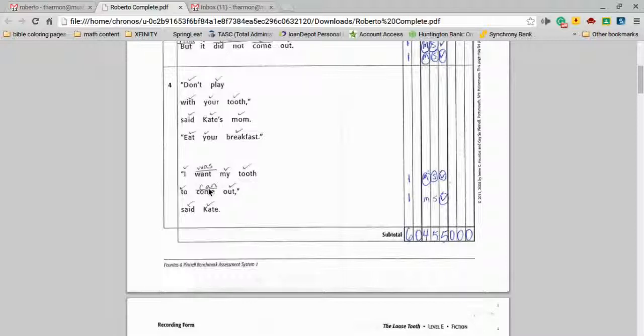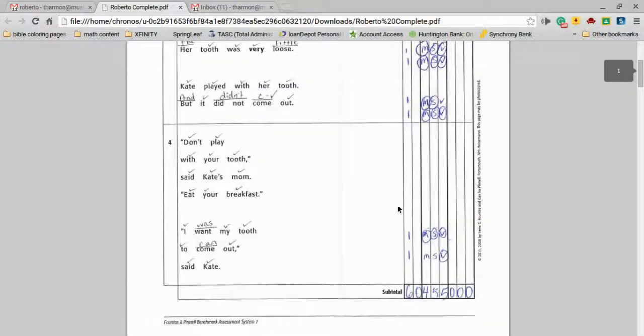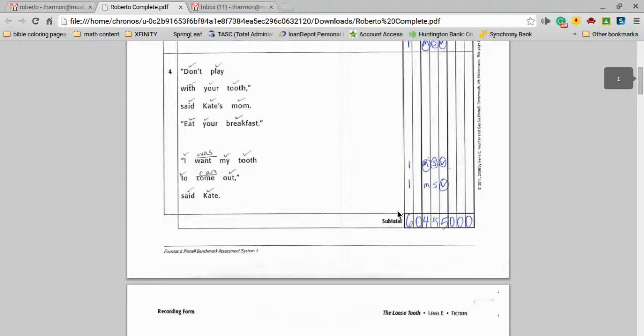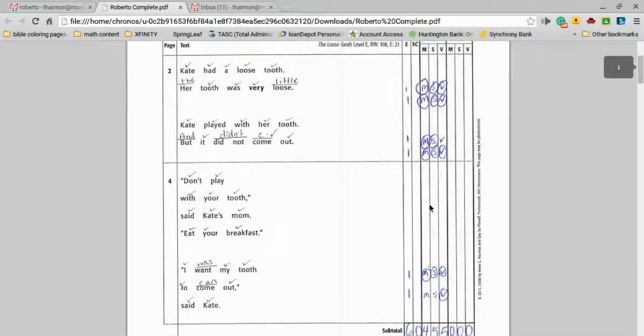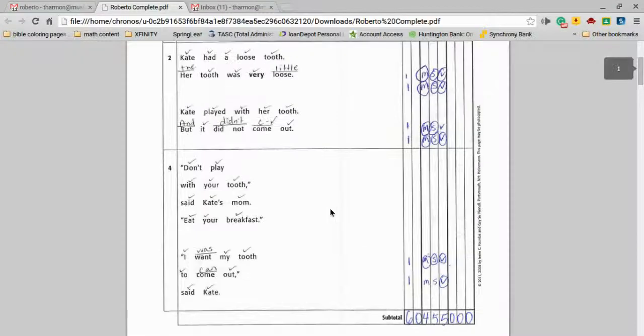Structurally, doesn't sound right. But are there any visual similarities? Yes. So we mark the V. And so on this page, we total up all the errors. We total up all the self-corrects. We total up the miscue analysis. So he has 5 visual cues that he uses, 5 structural cues, and 4 meaning cues that he uses on page 1.